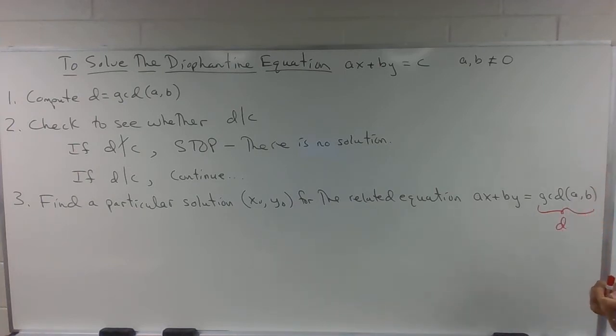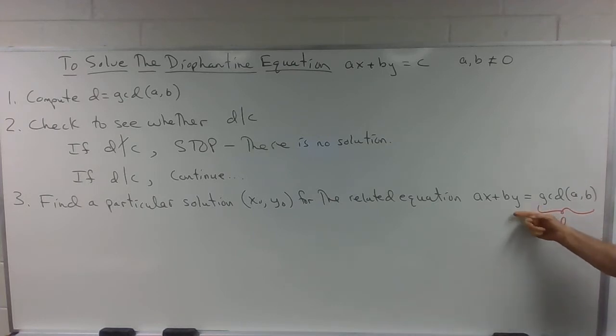This is why those two homework exercises attached to the email were important. Once we've decided that the equation can be solved, our first step is to find a particular solution for the equation ax plus by equals the greatest common divisor of a and b.